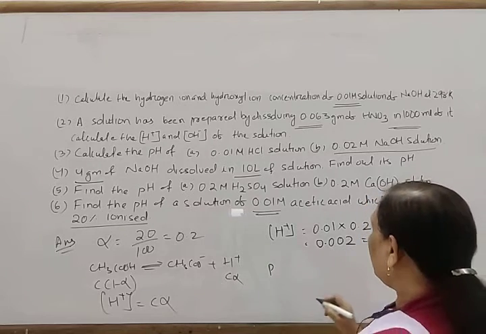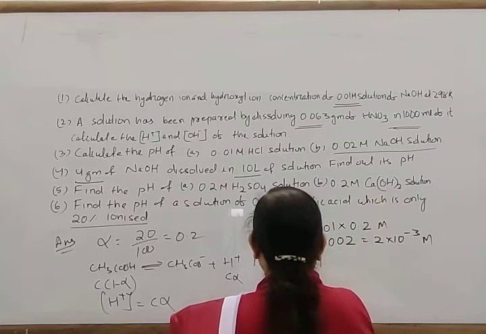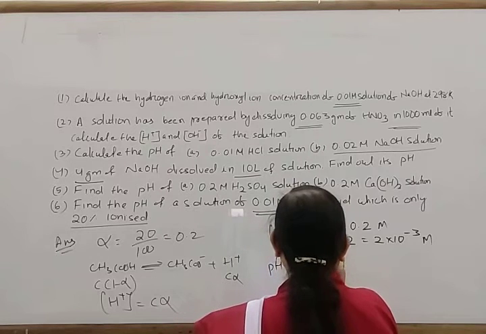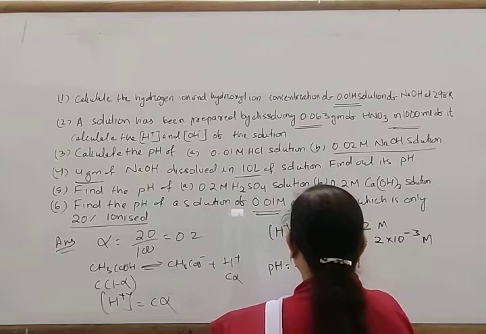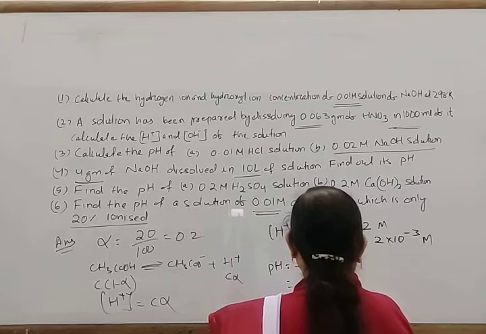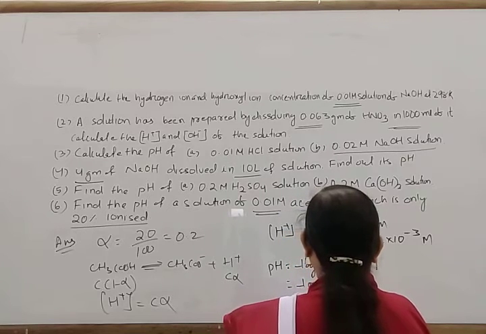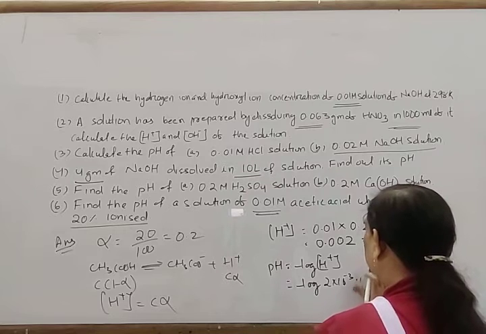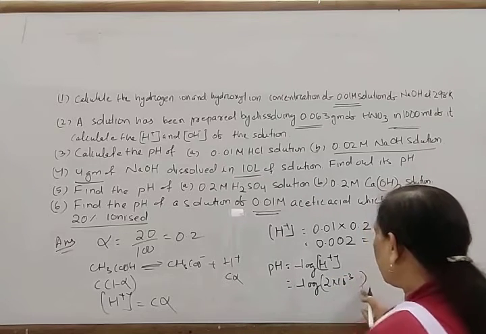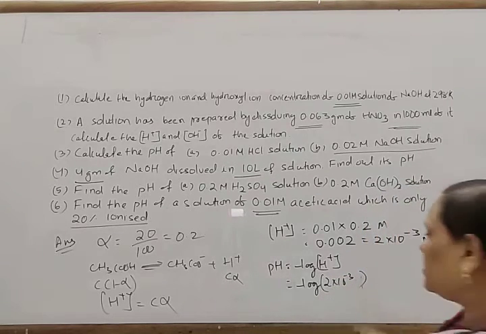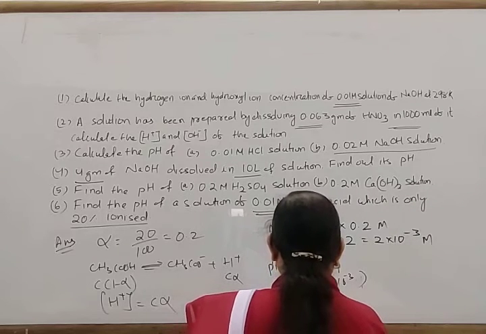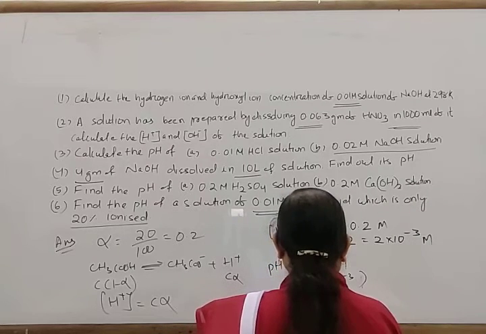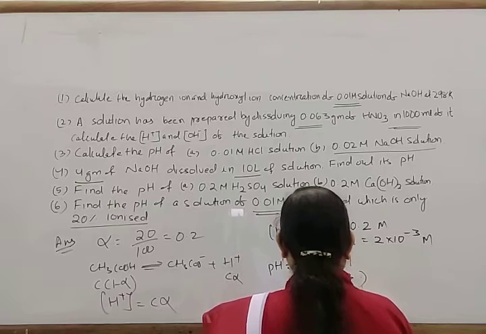Okay. Now, pH is minus log H plus concentration, that is minus log 2 into 10 to the power minus 3 M. Okay, no need to write the same. 2 into 10 to the power minus 3, that is 3 log 10 minus log 2.